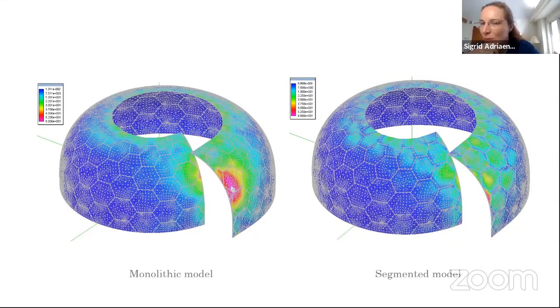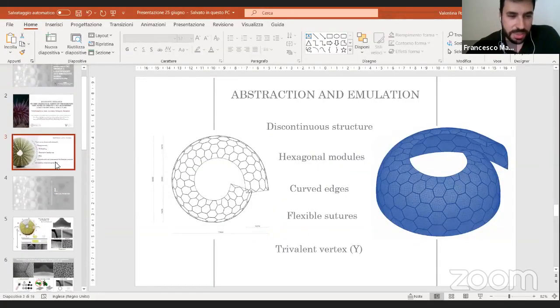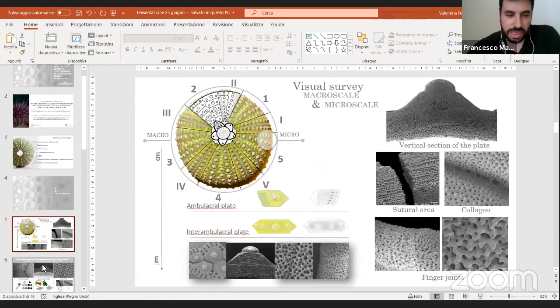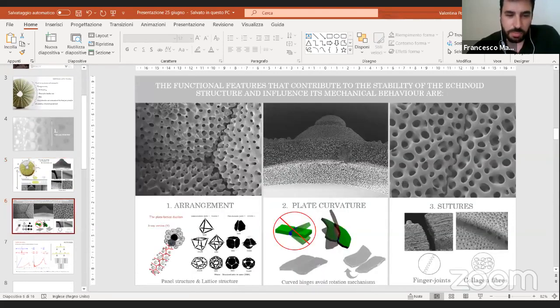Sure. But in real life, the sea urchin, I never really see it buckle, right? It's a brittle material. Yes, you have seen, let's say, the dead animal. Maybe Valentina can say something about the live animal, which has some collagenous ligaments between the plates that allow for relative rotation. Actually, the 3-point bending test was made on a portion of the shell taken under salt water.